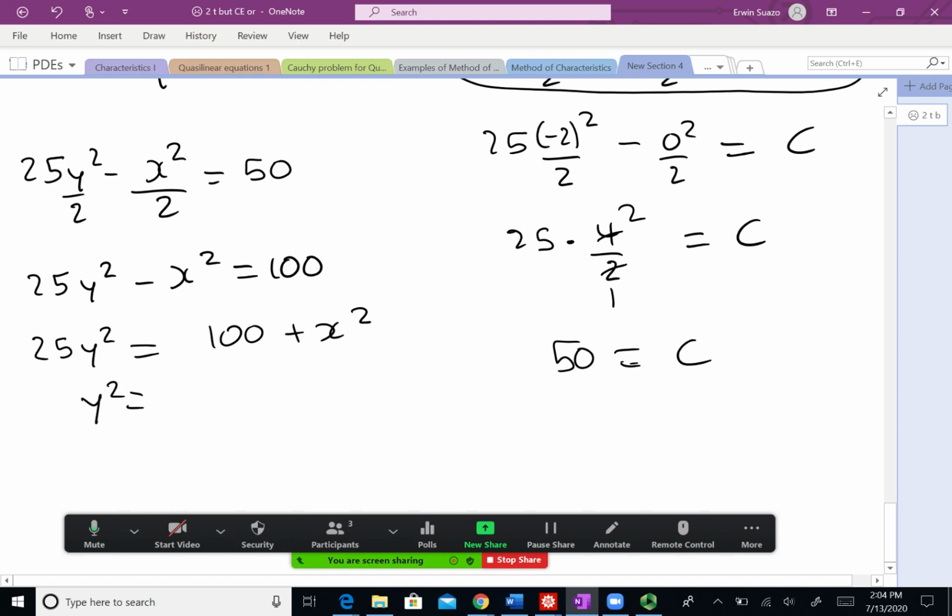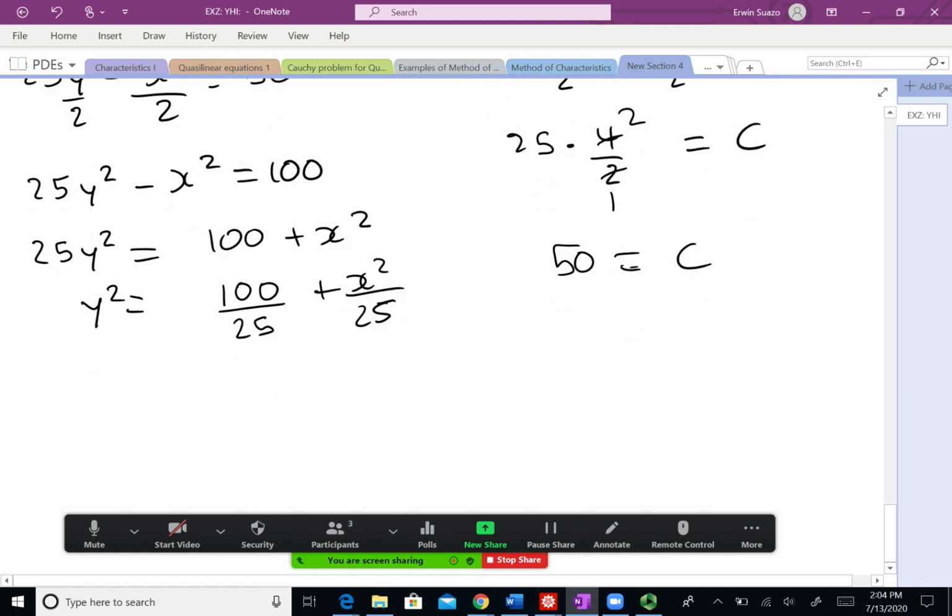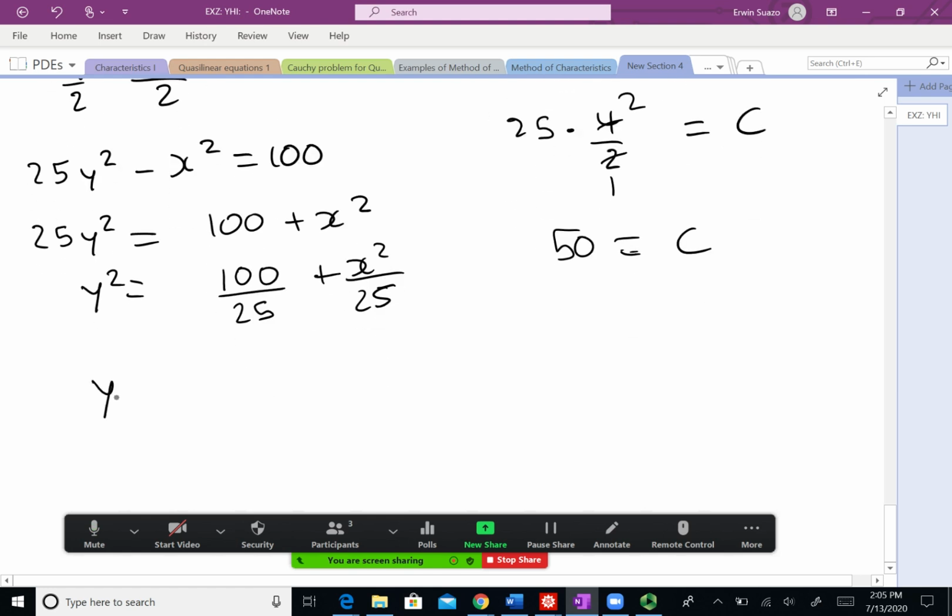Y squared equals 100 over 25 plus x squared divided by 25. And then take the square root. So when I take the square root, what happens? So 100 over 25 is 4, right? And x squared over 25.